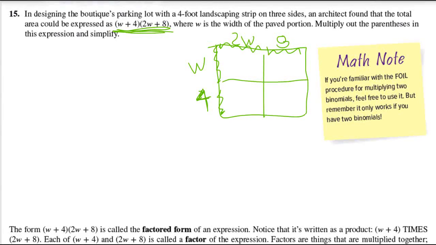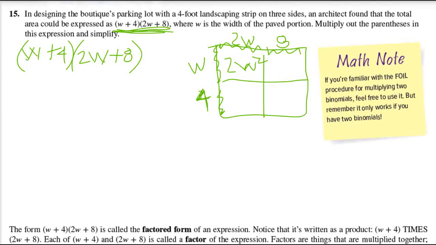So my total area equals W plus 4 times 2W plus 8. My individual areas, though, equal 2W times W. W times W is W squared. So the area of the upper left part of the rectangle is 2W squared.